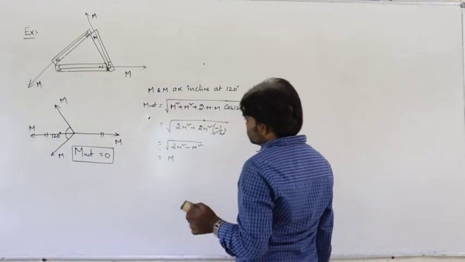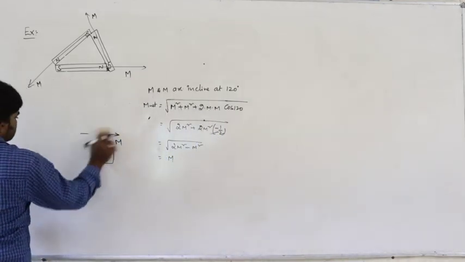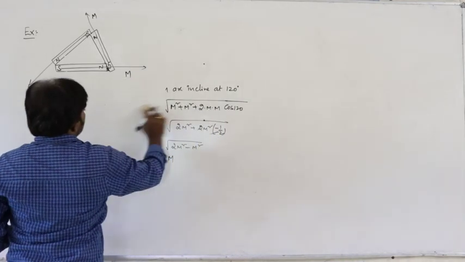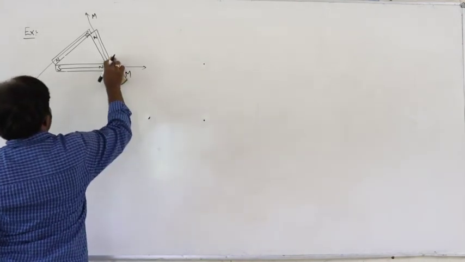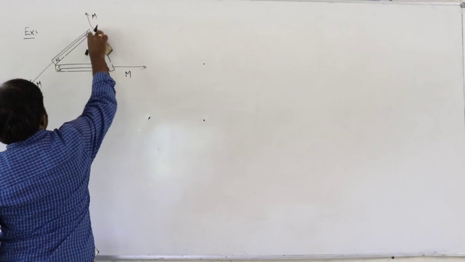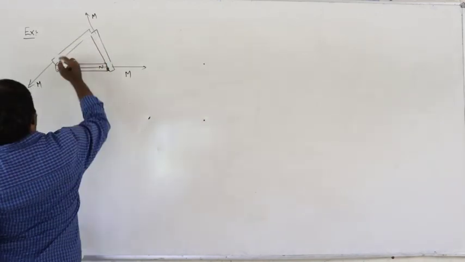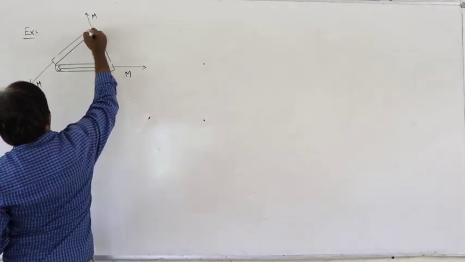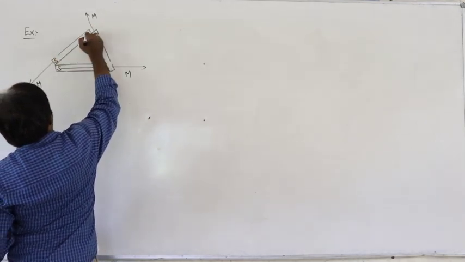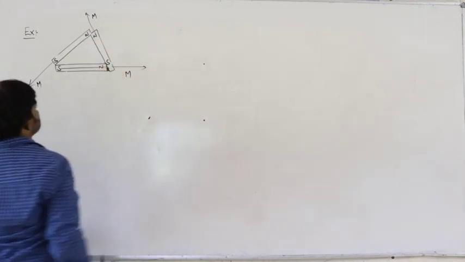Next, the same situation, but instead of unlike poles touching each other, like poles touching each other. Here the like poles are touching each other. South, north, so north, south.